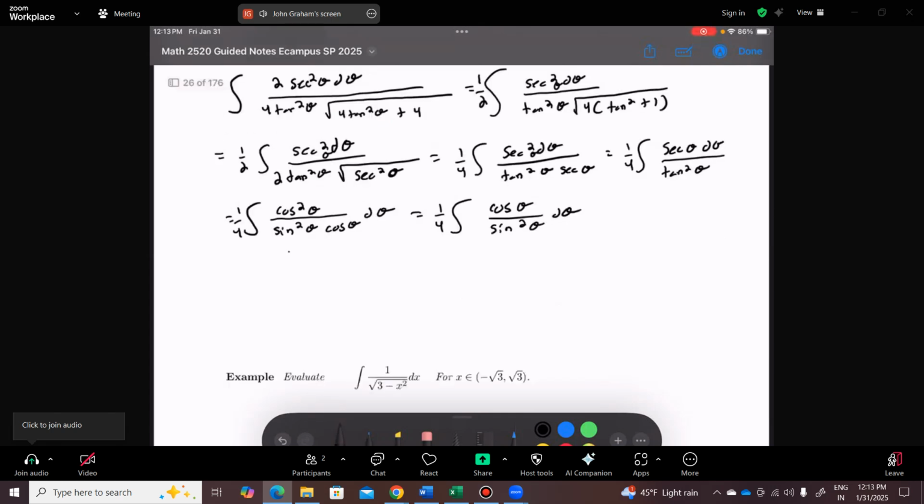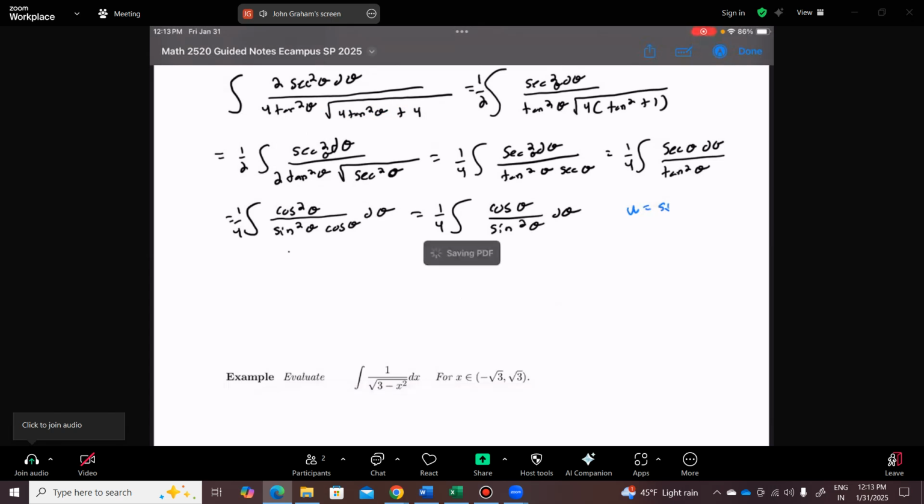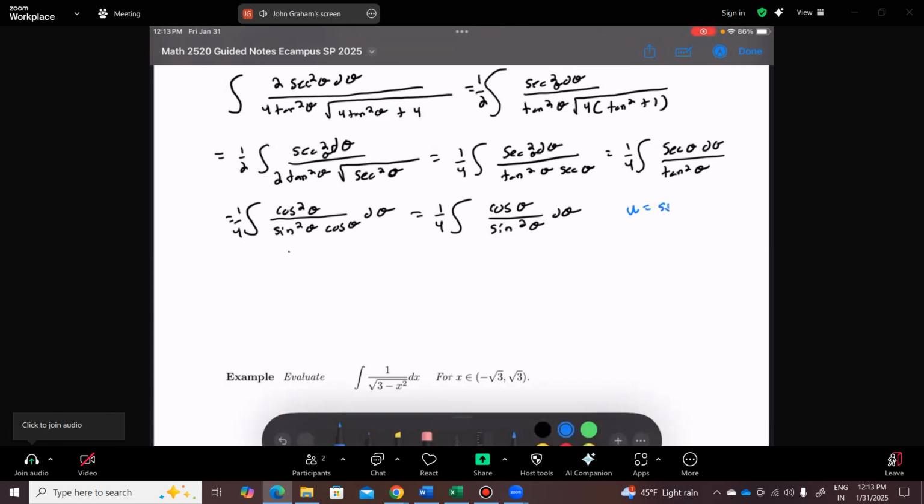Alright, so now we got it down to that. To solve this, we'll use a u substitution. We'll let u equal sine theta, du will equal cosine theta d theta. Okay, so now we go through the u substitution.